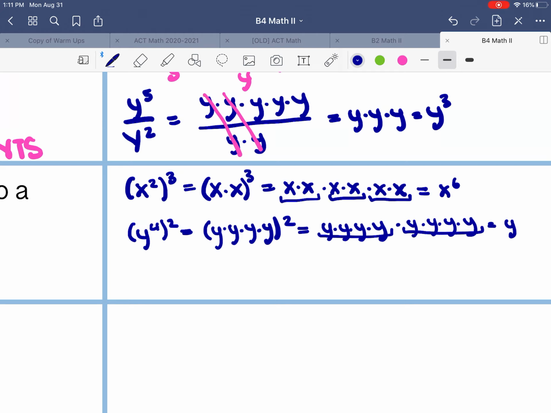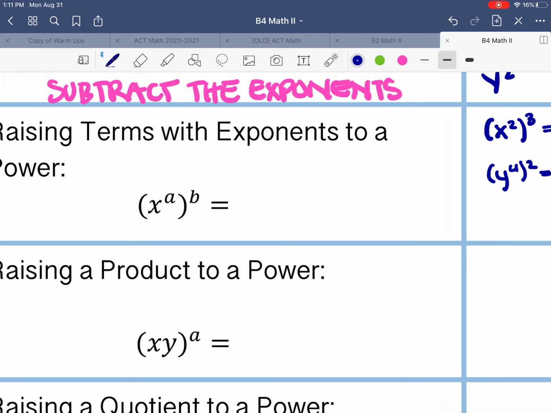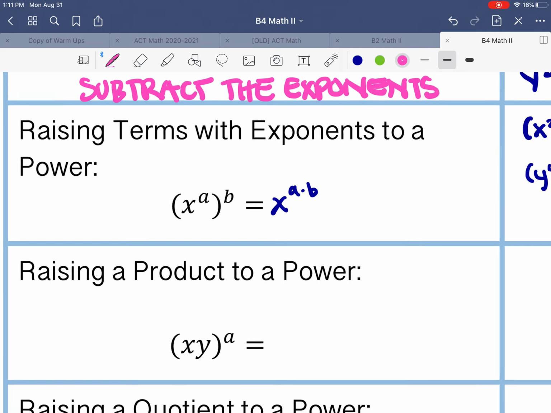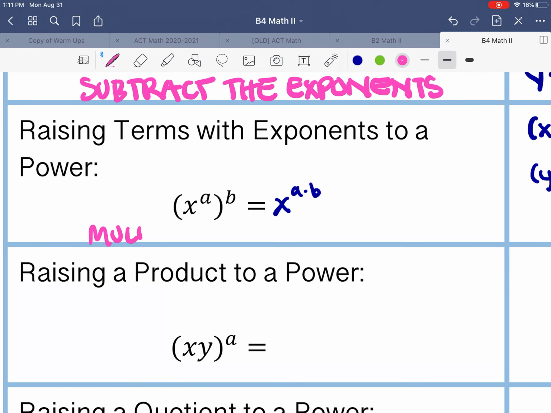And that is a total of y to the 8th power. So the rule here is that when you have a power to a power, or stacked powers, stacked exponents, you multiply the exponents together. So this rule is saying x to the a to the b power results in x to the a times b power. So this is our multiply the exponents rule.